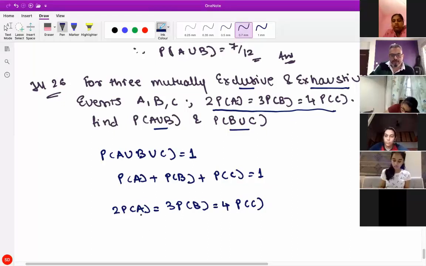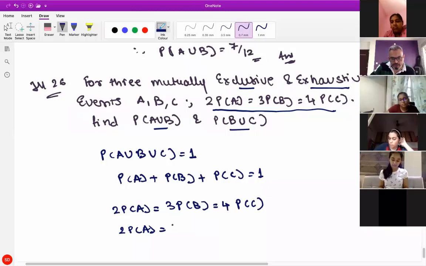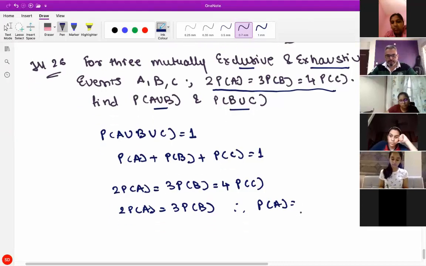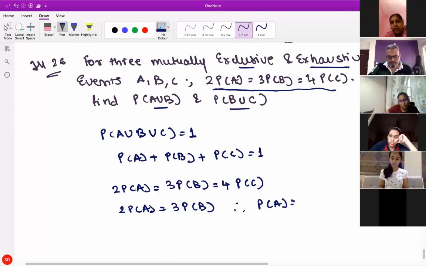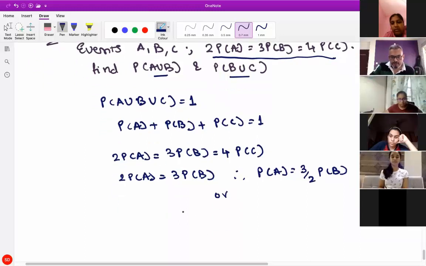The other way around is you express everything as P of A. So 2P of A is equal to 3P of B. Therefore, P of A is equal to 3 by 2 P of B, or we do it in reverse: P of B is equal to 2 by 3 P of A. So we will use this.